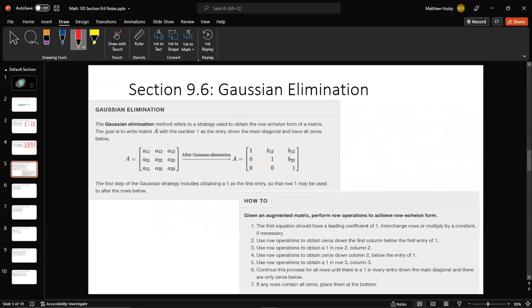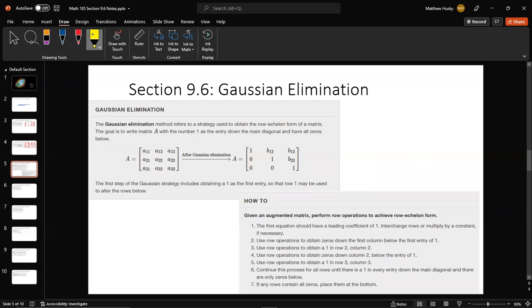So then Gaussian elimination, named after a mathematician named Carl Friedrich Gauss, he came up with a strategy by which you could take an augmented matrix and use it to solve for a system of equations. And the key to the strategy is this.